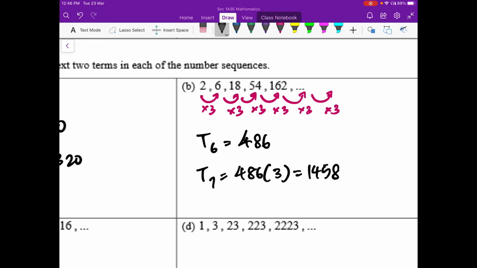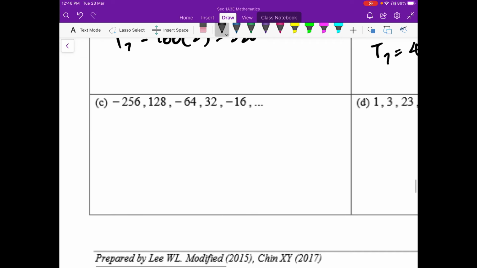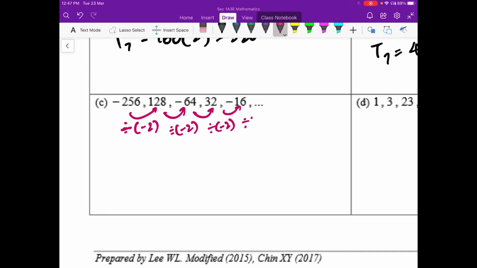Okay? Next. Oh, what about this? Divide by negative 2, divide by negative 2, divide by negative 2, divide by negative 2. Same thing lah.